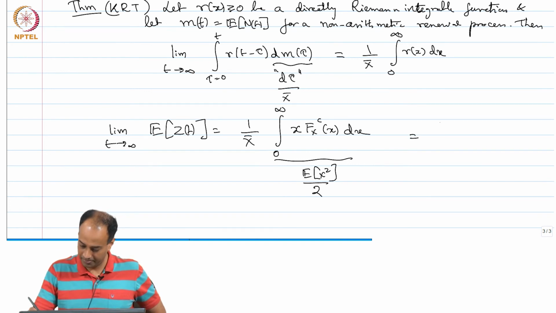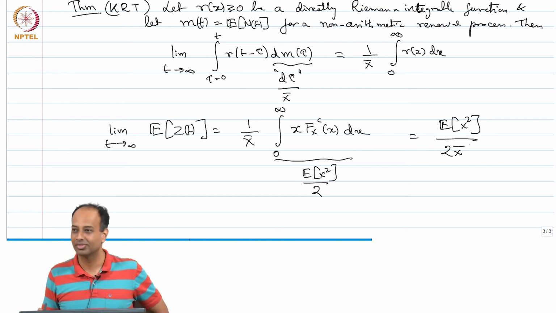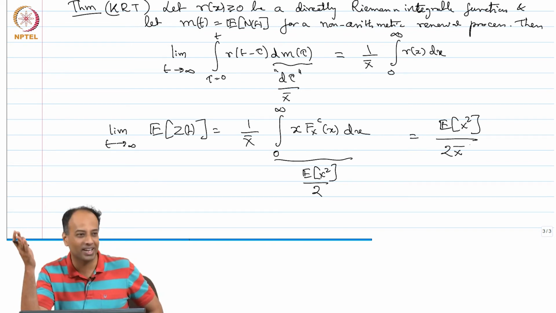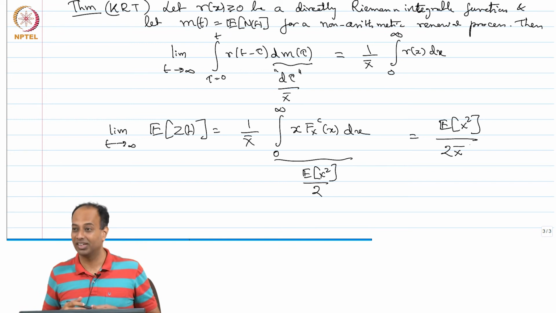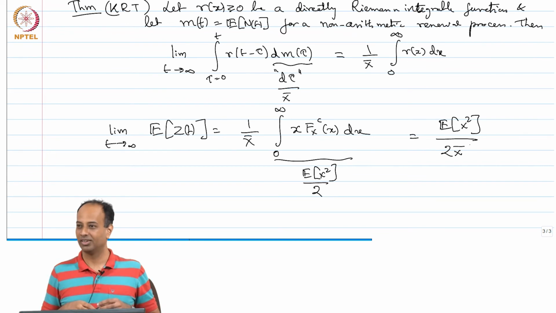So, this will be the answer, of course, we always knew this. Why? Time average, we know the answer. Just to get this answer involved calculating this Stieltjes integral and then invoking this big hammer called the key renewal theorem.